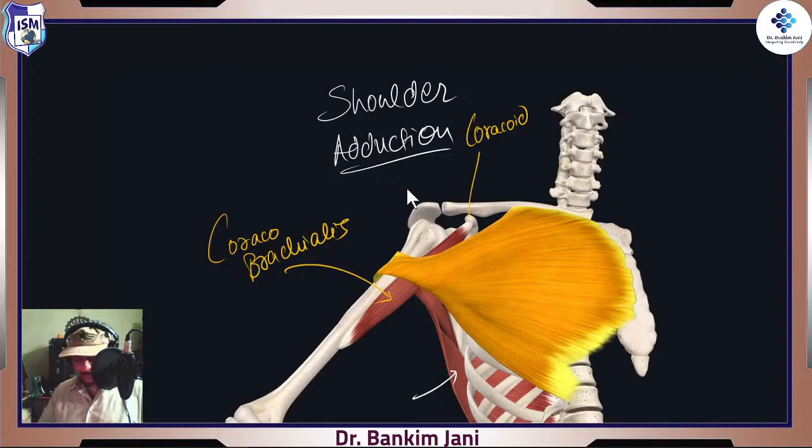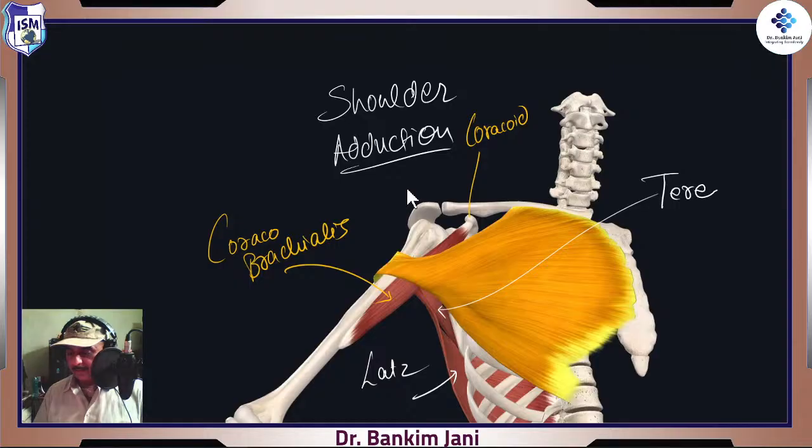See nicely, it is just forming that posterior wall. That's latissimus dorsi. And in between there is one major. So that was pectoralis major, and this has to be teres major.